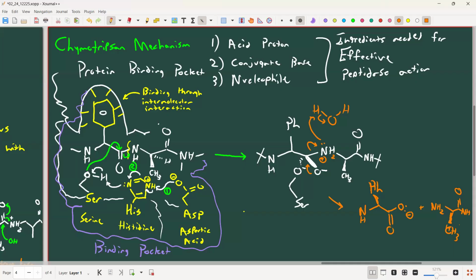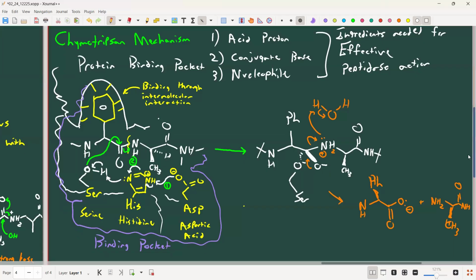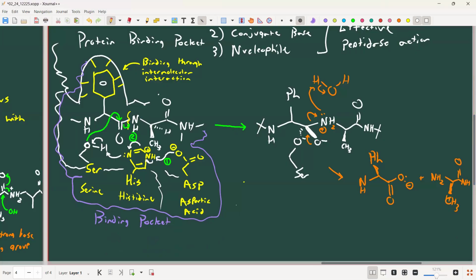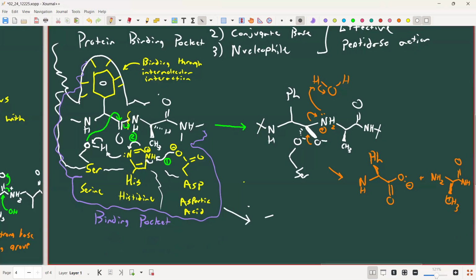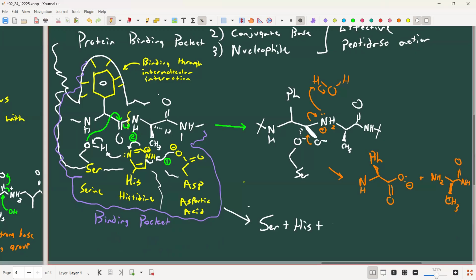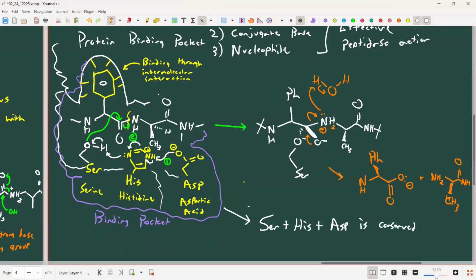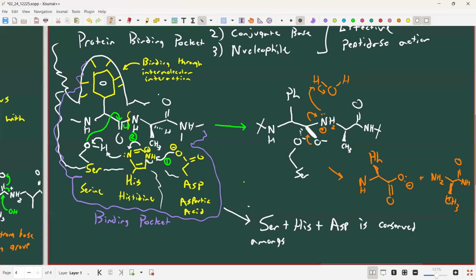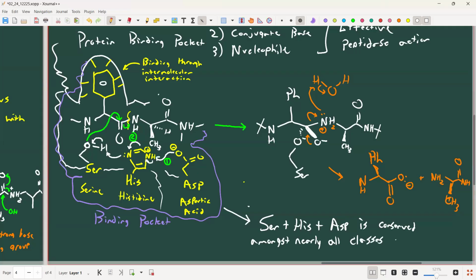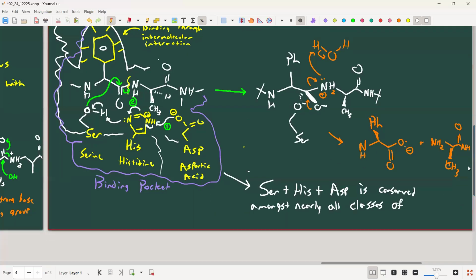So one thing that doesn't change amongst the peptidases in particular is that the serine, histidine, aspartic acid combo is conserved amongst nearly all forms, all classes of proteases.